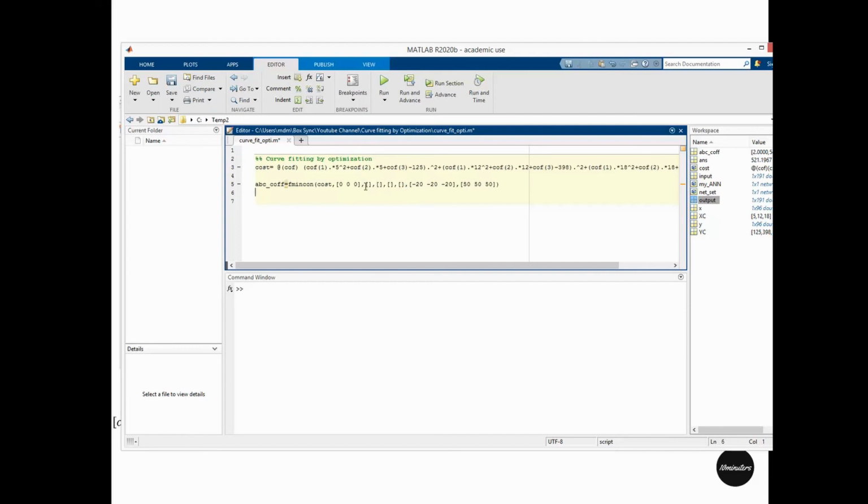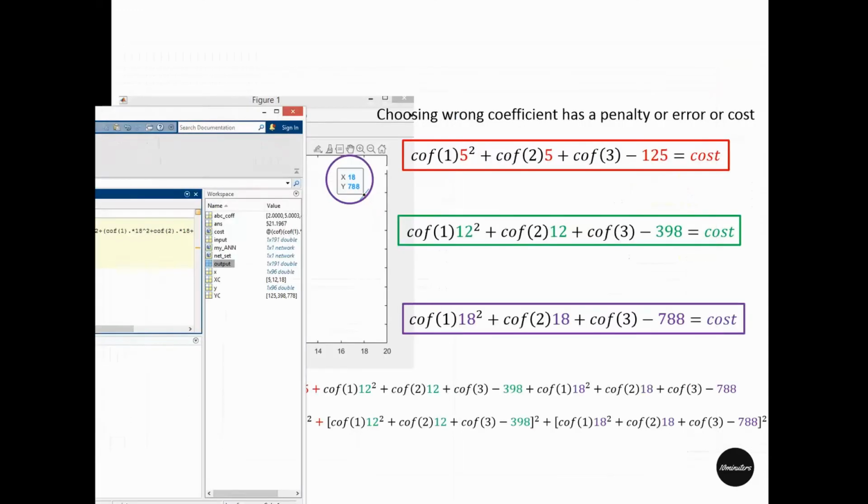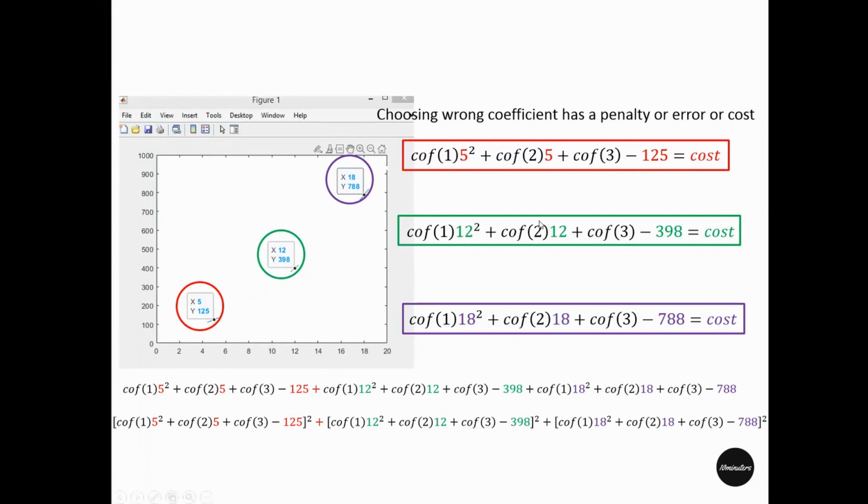These brackets are other linear relation coefficients that you can provide to help the optimization algorithm. As you don't know those values, you just put these 4 brackets in between, and actually you are done.